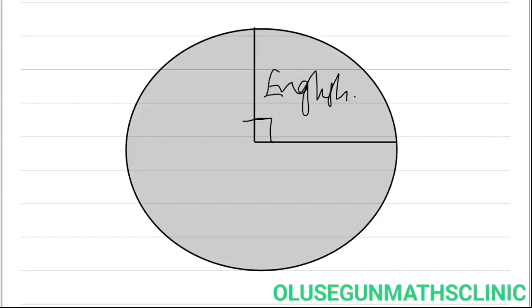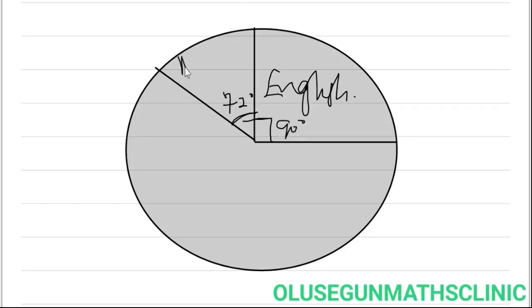So let's also have another. We are drawing the pie chart. Another one we have is 72. Let 72 be in this form, around that area. So we have 72 degrees, 90 degrees, and who is 72?